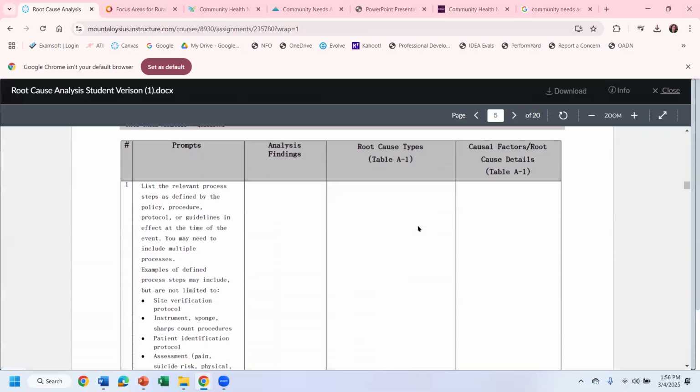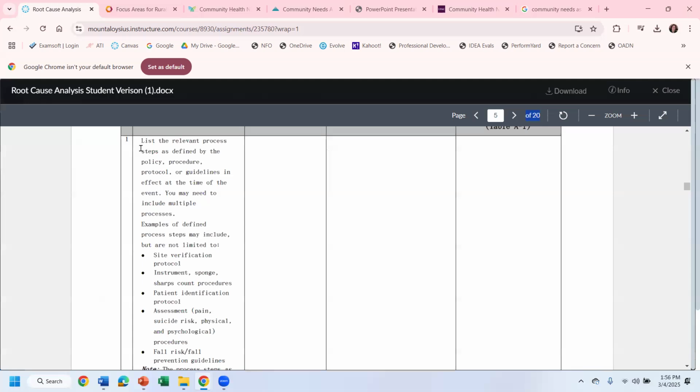Scrolling down to page 5, this is where it's a lengthy table. And you can see on my screen, this is a 20-page document, but I don't want anybody to freak out. You're not writing a 20-page paper. So on this first one, you want to list the relevant process steps as defined by the policy.